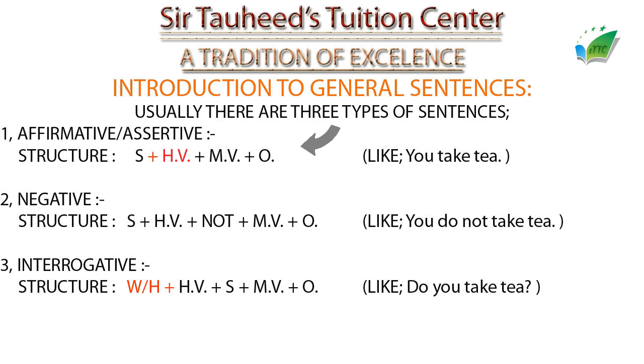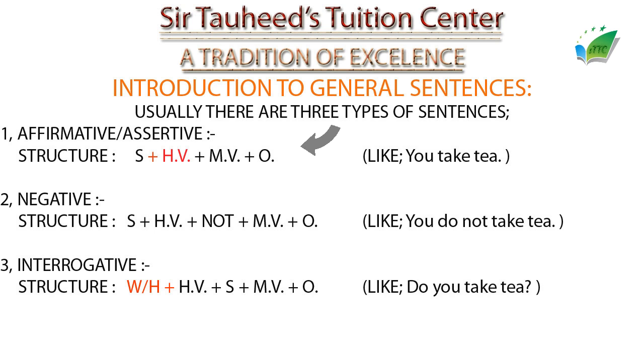After subject we use helping verb. Helping verbs are the determiner of the tense. They actually tell you what tense is being used. So helping verb comes in the second place, but since they are not necessary in every assertive sentence, I have marked that in red color, because here red means the optional word.